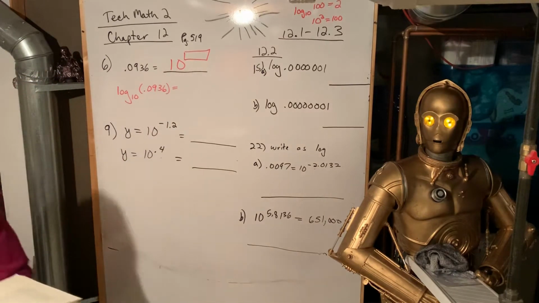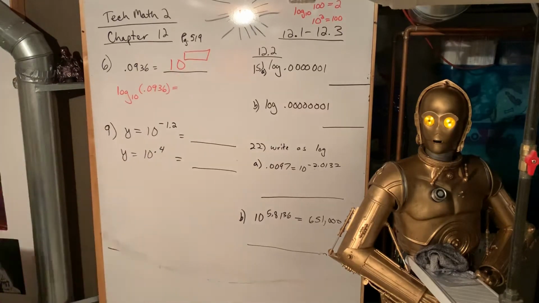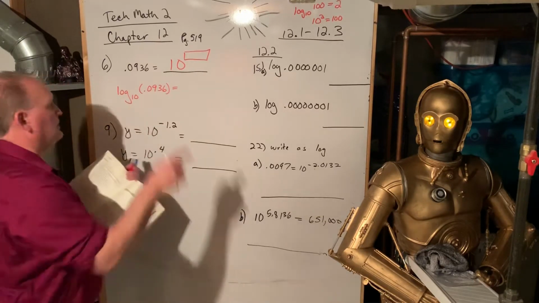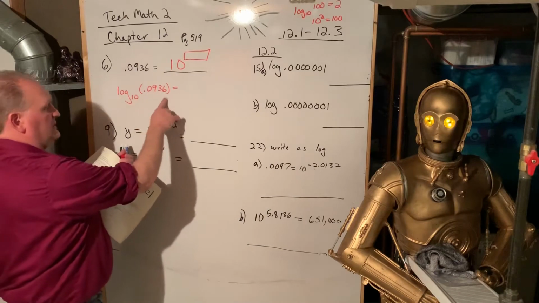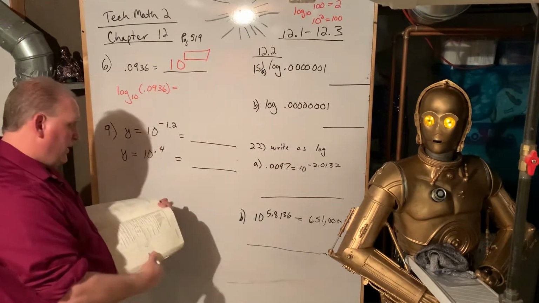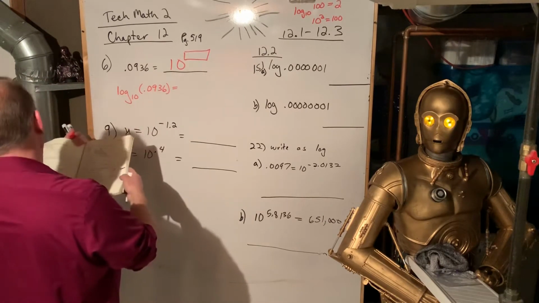In your calculator, you just hit the LOG button. It's got its very own button, right to the left of 7. So you hit log 0.0936 and then hit enter, and that'll kick out an answer for us.